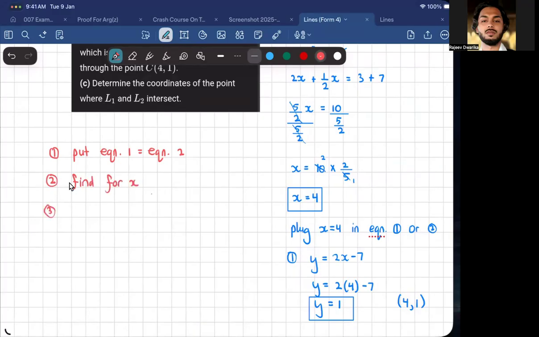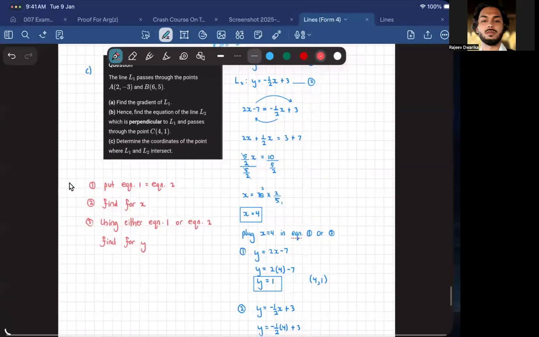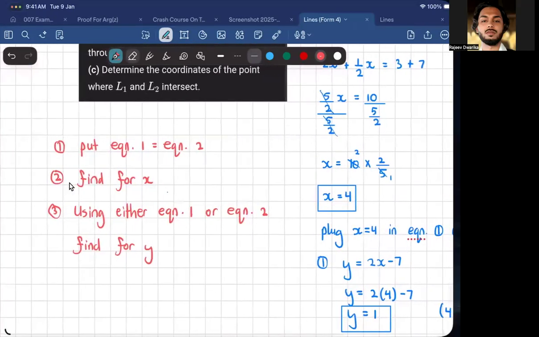Step 3: using either equation 1 or equation 2, find y. That's all for part C.